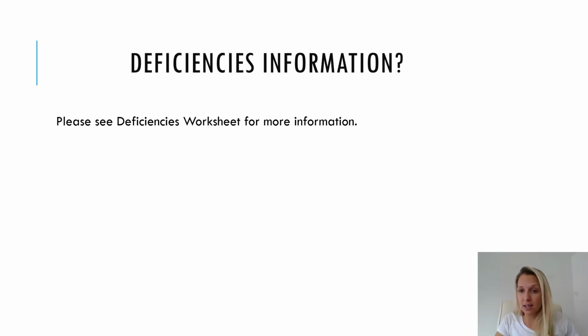So you can see it as well in the textbook, but I've given it to you much clearer on a Word document. And if you have the ability to print these things up, I definitely recommend it, okay? And it tells you what happens in the body if you don't have enough of something. So when it comes to the worksheet, you're going to be filling that in, okay?